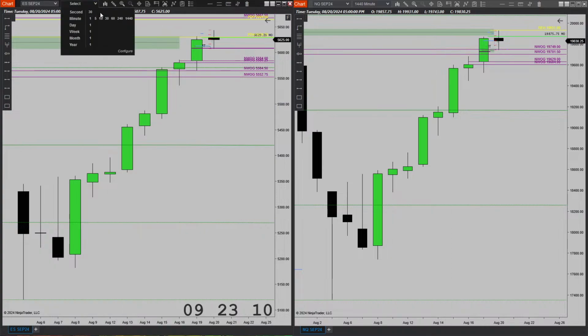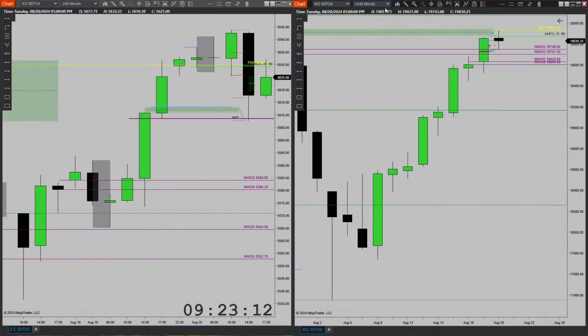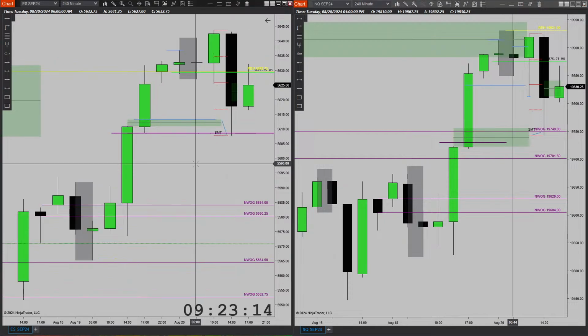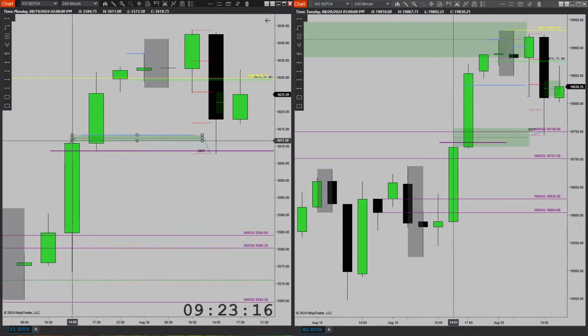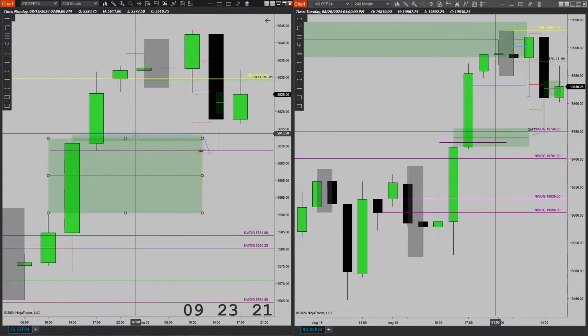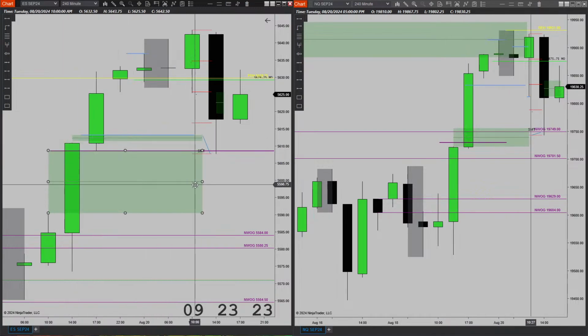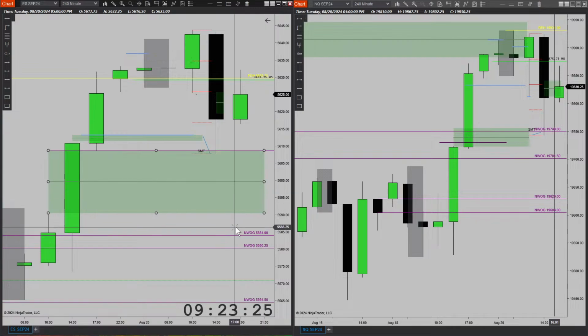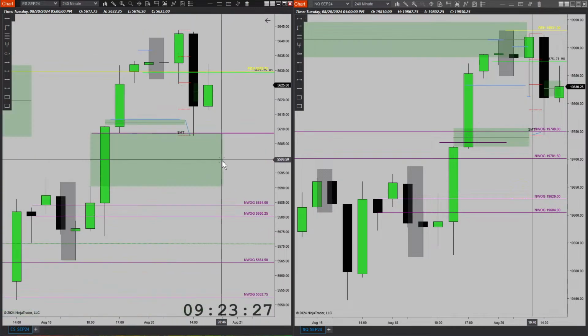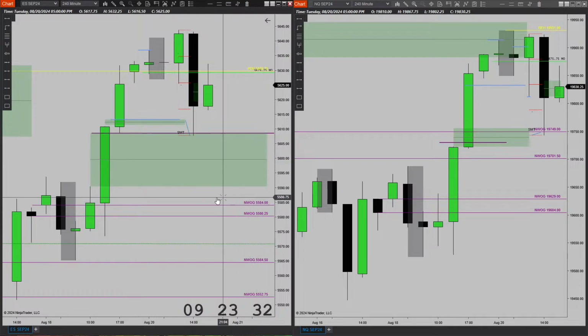So let's move over to the 4-hour. So this is that 4-hour gap I was talking about. As you can see, it left it mostly open. So that once again is a bullish sign to me.